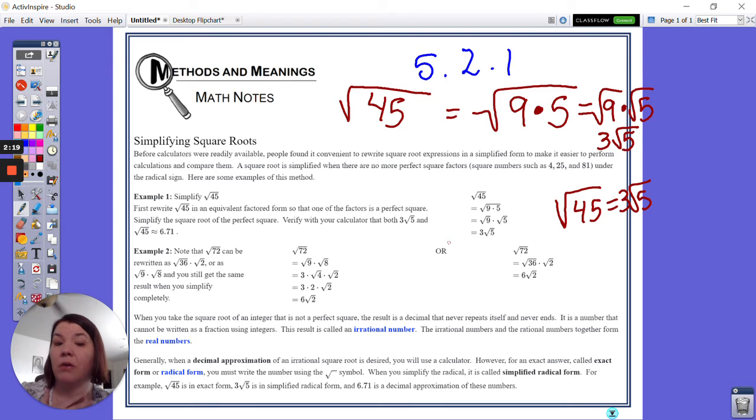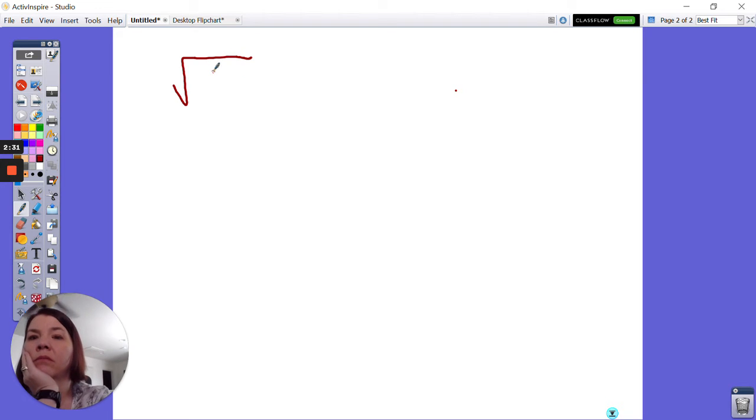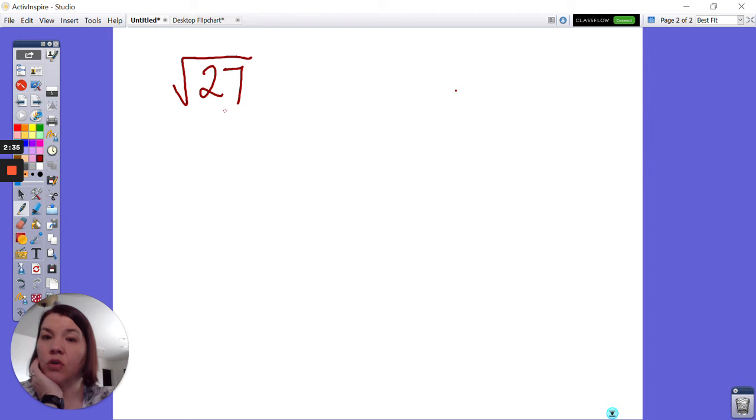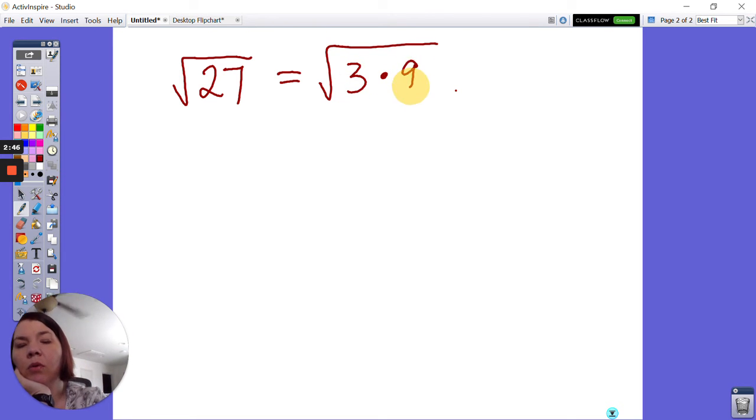Now I'm just going to do another example. So let's just get another example out here. We're going to do the square root of, I don't know, 27. So the square root of 27. And so what I do is I think, in my brain, I'm just thinking 27 is 3 times 9. Well, cool, one of those is a perfect square.